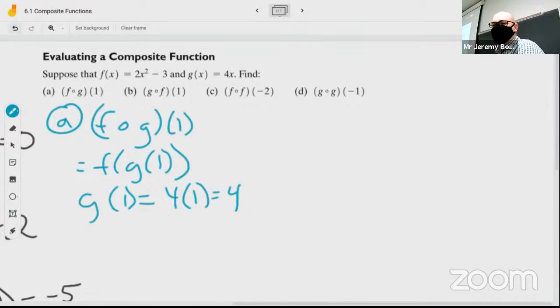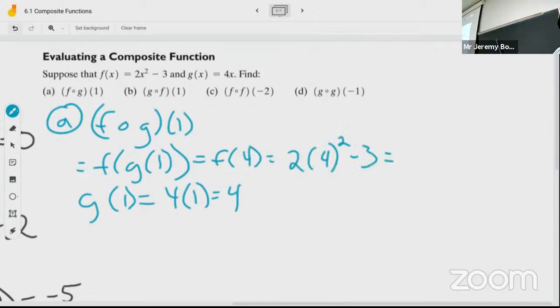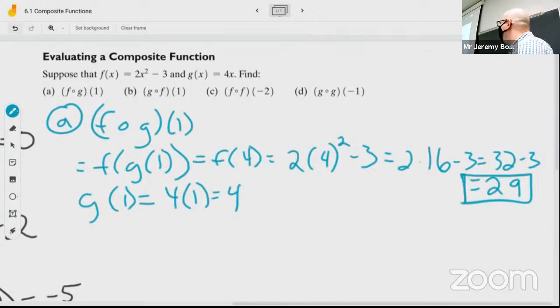Then we find F of 4, which is 2 times 4 squared minus 3. 2 times 16 minus 3, 32 minus 3, which is 29. So if we're given the function, we plug the value into the inner function, get the output, and plug that into the outer function. Cool.